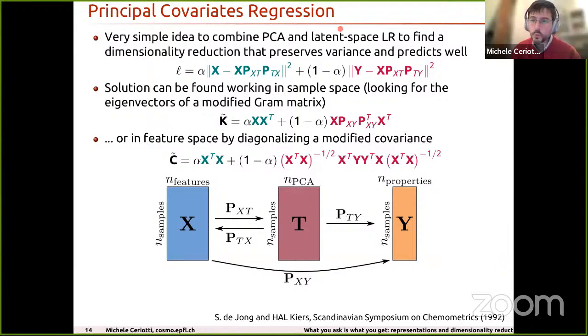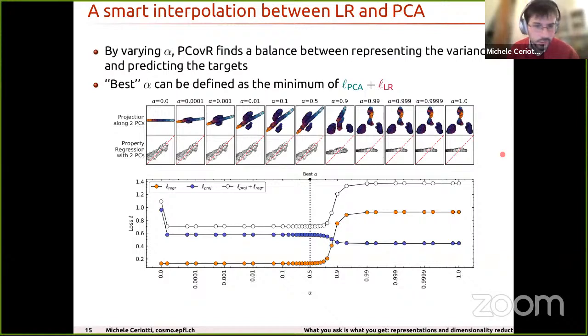Because I think what works well, and this is also in common with principal component regression and all of the other techniques, is the fact that you include in the regression task a component of variance maximization. I think that intuitively this acts as a regularization effectively. So you get something which is not completely flattened out, as you would get if you used only the projection on the linear regression weights.